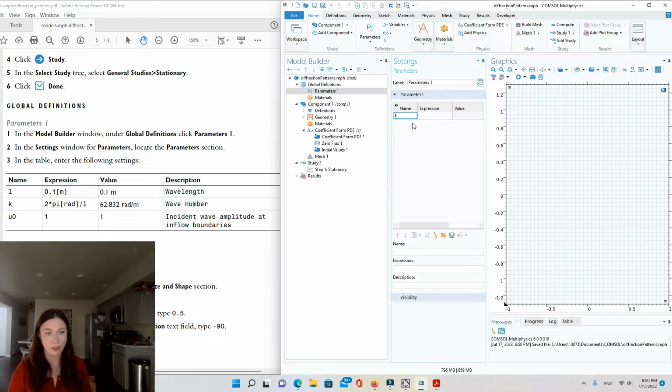So L, or lambda, is the wavelength. K is the wave number. Okay, good, I was right. It's the wave number, 2 pi in radians over the wavelength.